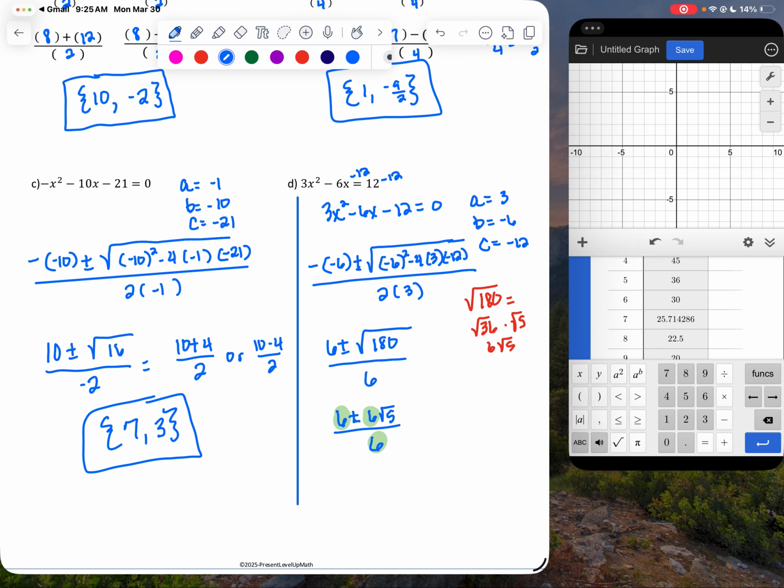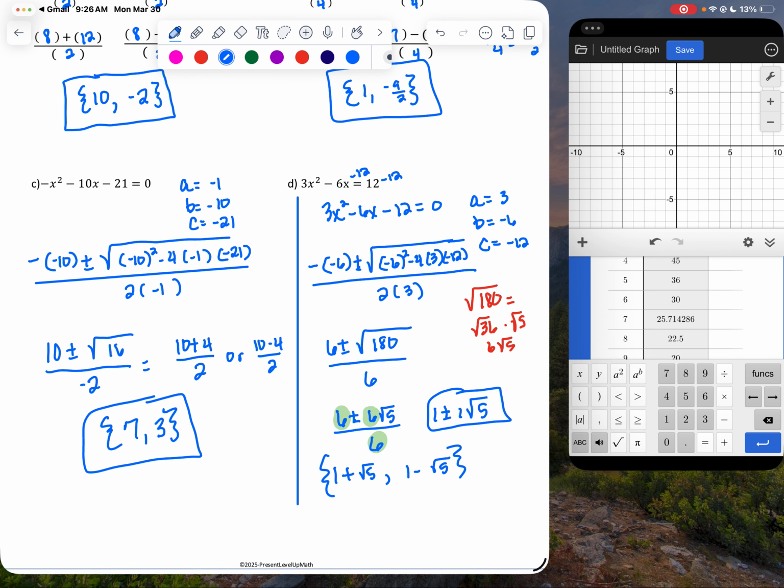So if I were to divide those by 6, 6 divided by 6 is 1, plus or minus 6 divided by 6 is 1 square root 5. Now, this is a correct answer, but you'll also see this answer written like this: 1 plus square root 5 and 1 minus square root 5.